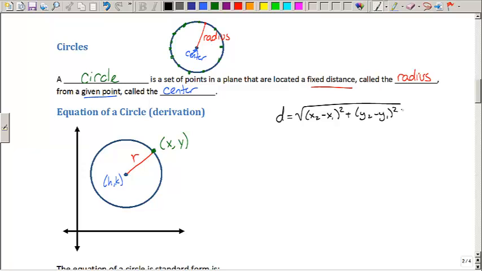So using the distance formula, I can relate the distance between the first point x1, y1 and the second point x2, y2. To relate that to our circles, I have 2 points, and I know that there's a distance r between them. So I'm going to substitute, instead of my d for distance, r for my radius.